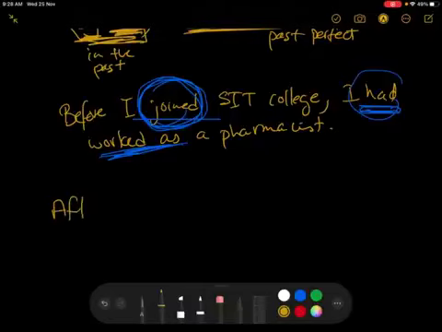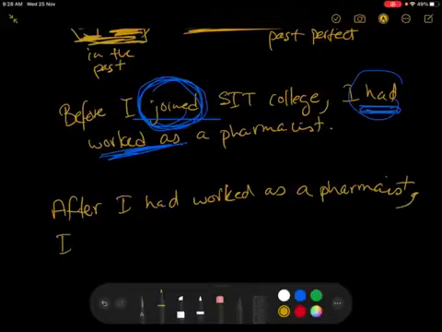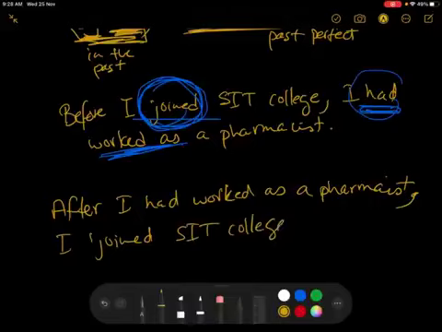That's the use when we want to use after, so I will change the order. After I had worked as a pharmacist, comma, I joined SIT college, and so on.